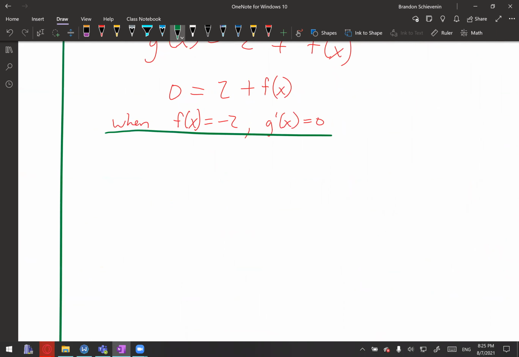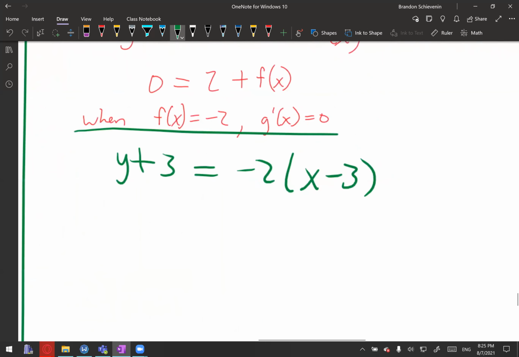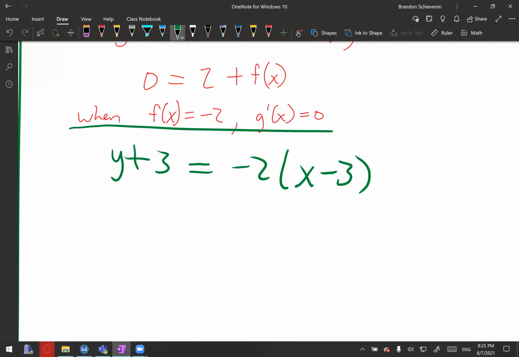I'm going to stick to y plus 3 equals -2x minus 3. My y is my f of x. Okay, when f of x is -2, I need to know what the x value is. So I'm going to substitute: -2 plus 3 is equal to -2x plus 6.